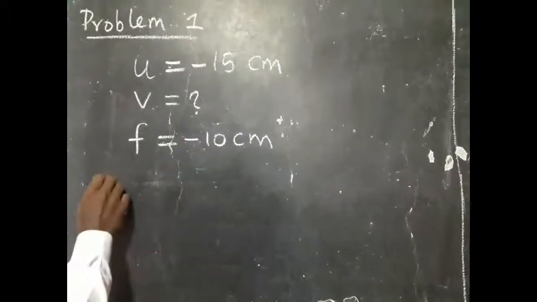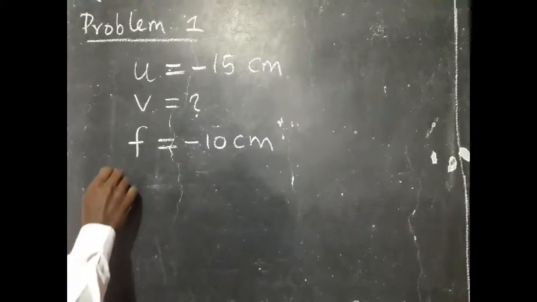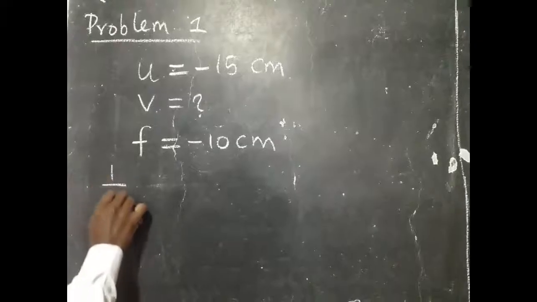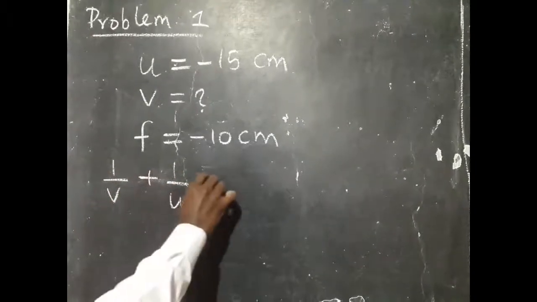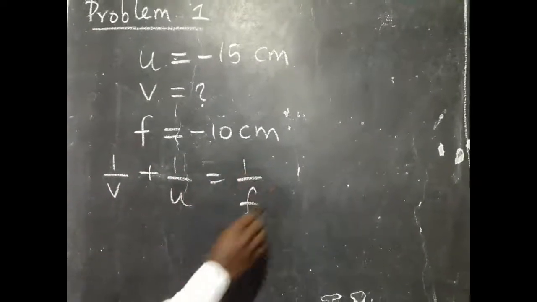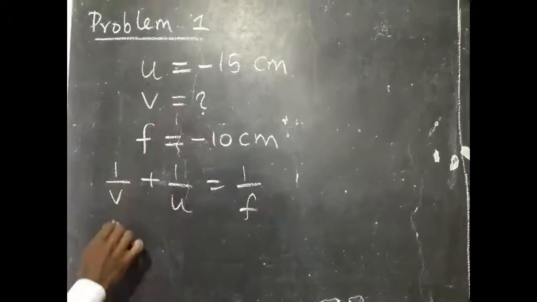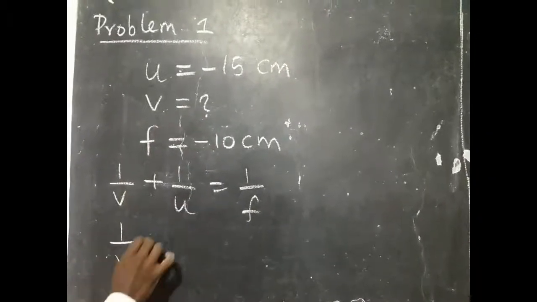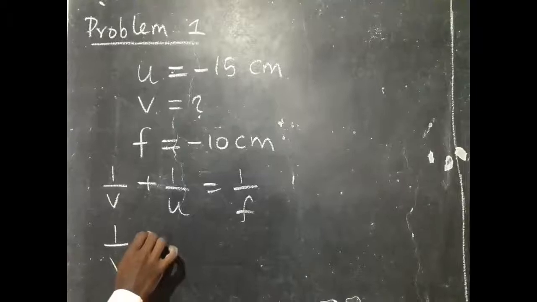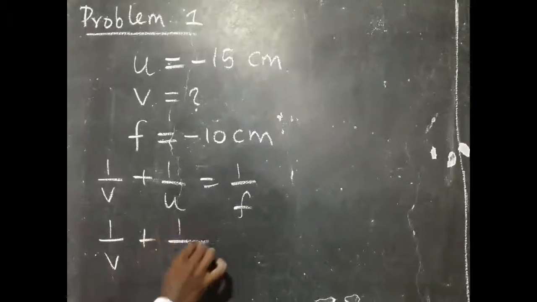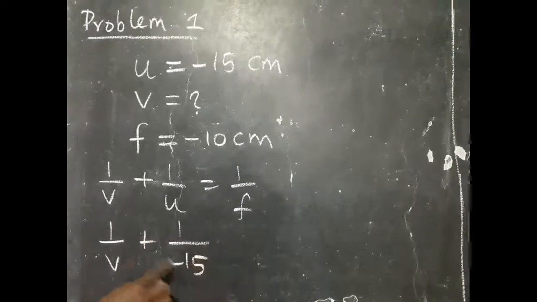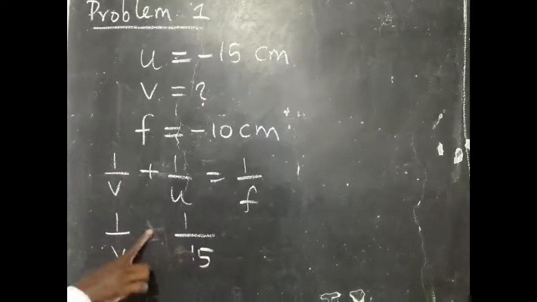Using the mirror formula, we write the equation 1 by v plus 1 by u is equal to 1 by f. Therefore 1 by v is what we are going to find, plus 1 by minus 15. So plus and minus gives minus.